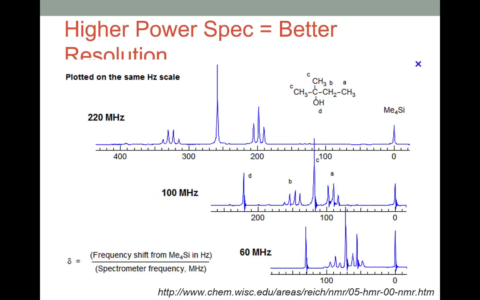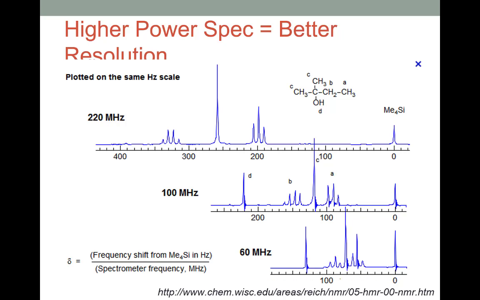Normalization can be seen when we look at a slide like this, showing us a molecule with lots of different pieces to it. And this is the exact same molecule analyzed on a relatively low-end 60 megahertz spectrum. Now notice here we're seeing the raw values at the bottom. Okay, so this isn't the ppm scale.